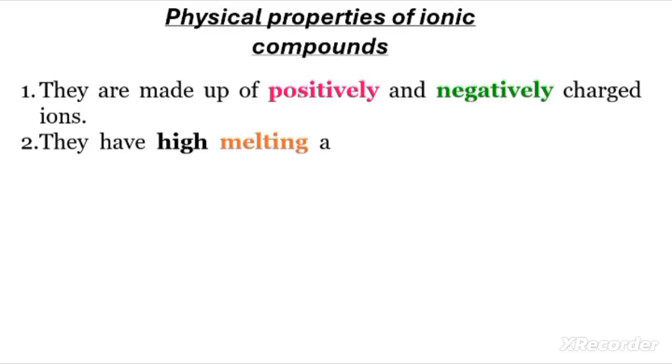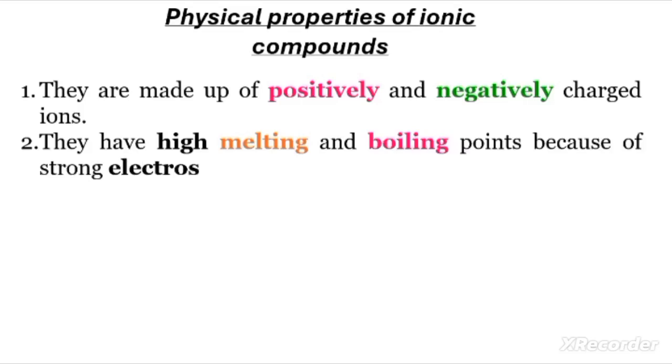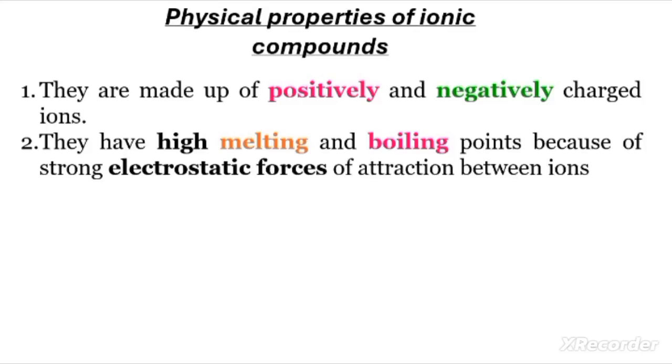Physical property number 2, they have high melting and boiling points because of strong electrostatic force of attraction between ions. Because they have strong force of attraction, high temperature is needed to break down the electrostatic force of attraction between ions.